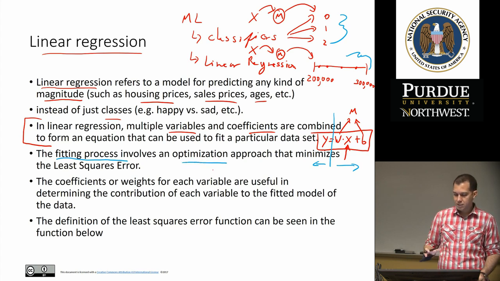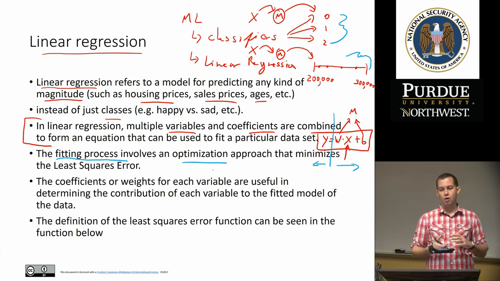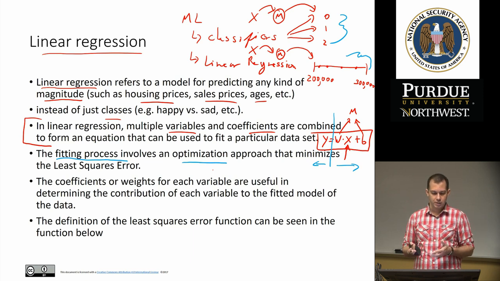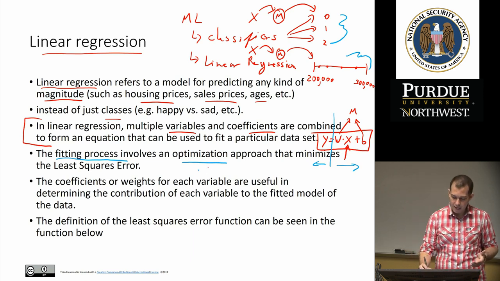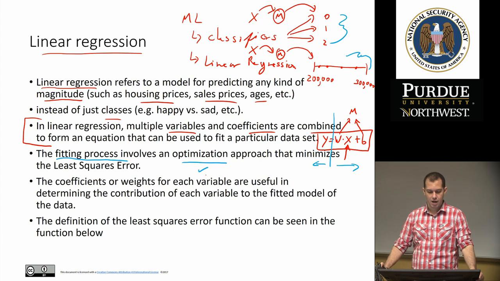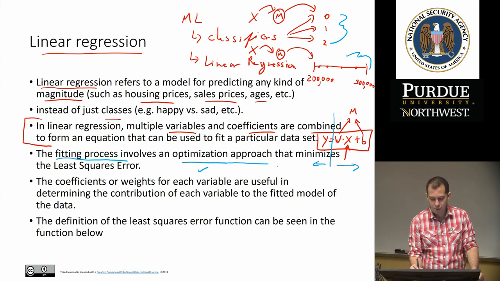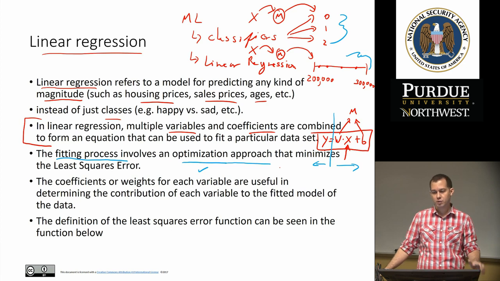So this is where this is interesting, because all models, linear regression, logistic regression, neural networks, deep neural networks, all of them have an optimization approach, and the optimization approach is specific to the different kind of algorithms.